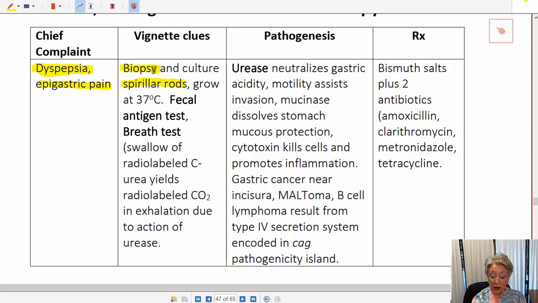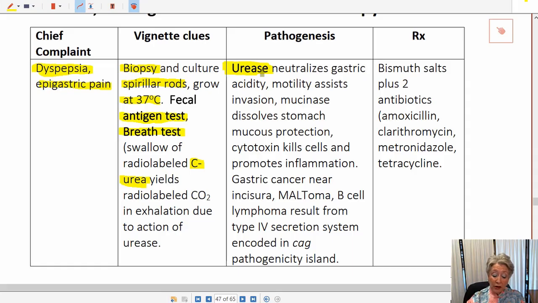Diagnosis by biopsy, grows at normal temperature, although again it is microaerophilic, so I would need to grow it in a CO2 incubator. But my diagnosis is typically by an antigen test on the feces, or they like to mention the breath test, which requires the swallowing of a small amount of radiolabeled carbon urea if the patient is secreting urease in the stomach because of the infection.